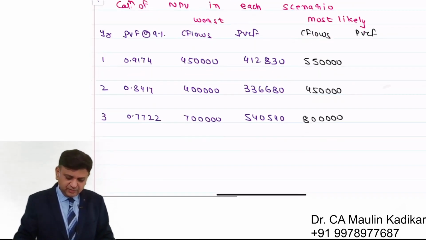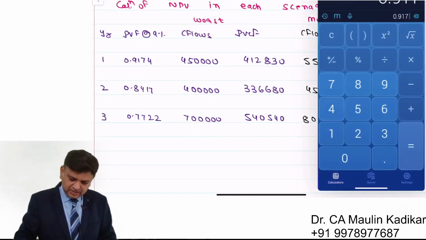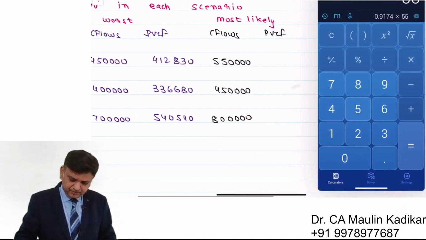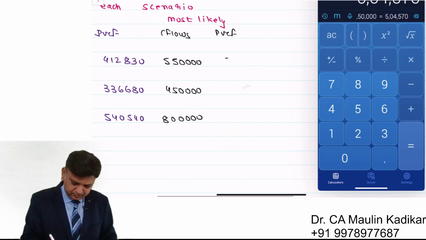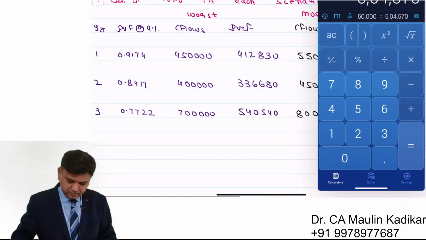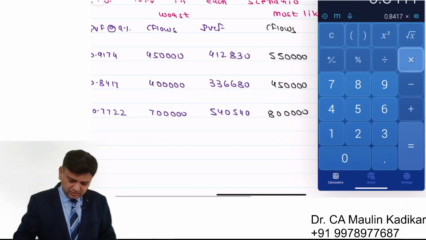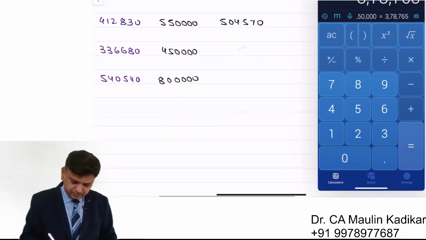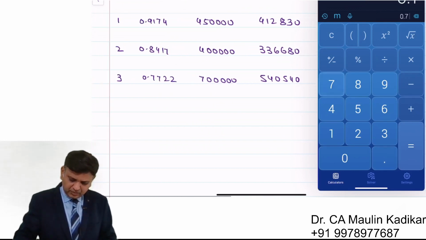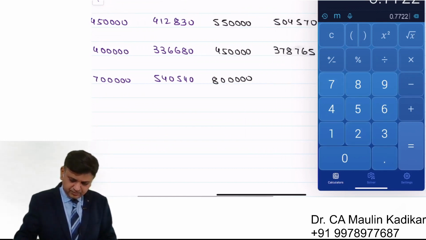Again, these cash flows will be discounted. 0.9174 into 5,50,000, 0.8417 into 4,50,000, 0.7722 into 8 lakhs.